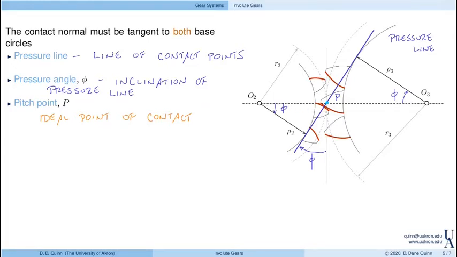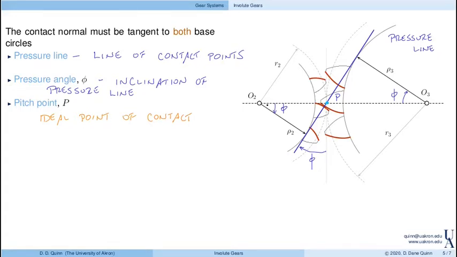So we actually have a little bit of geometry here. Notice that the pitch point is a distance of R2 from the center of gear 2, and a distance of R3 from O3, because those are the radii of the pitch circles.